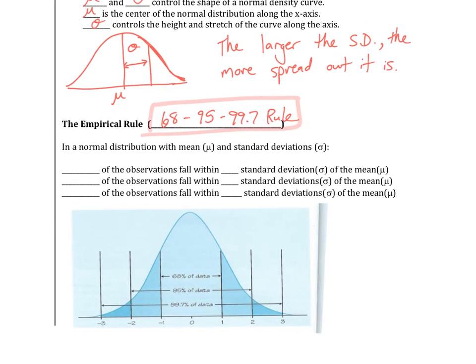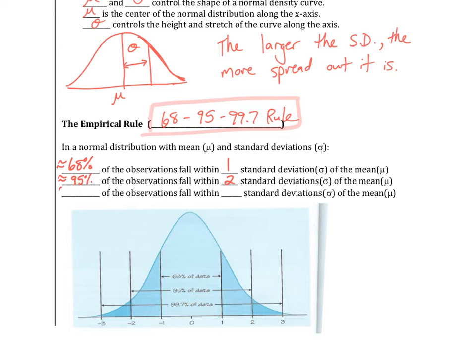Okay, normal distribution. In a normal distribution with the mean mu and the standard deviation sigma, okay, about 68% of observations fall within one standard deviation from the mean. Okay, about 95% of observations fall within 2 standard deviations of the mean.